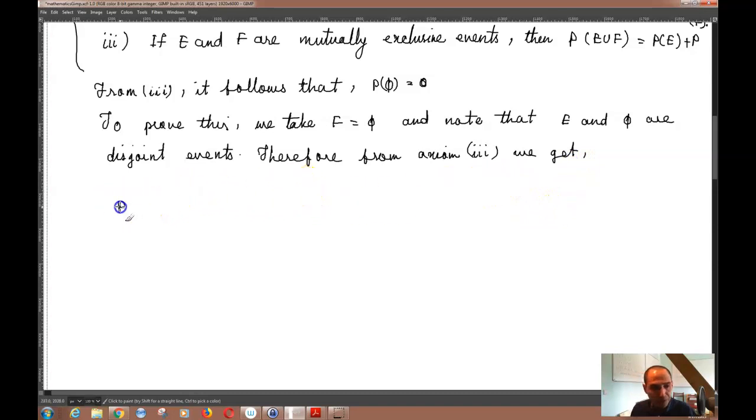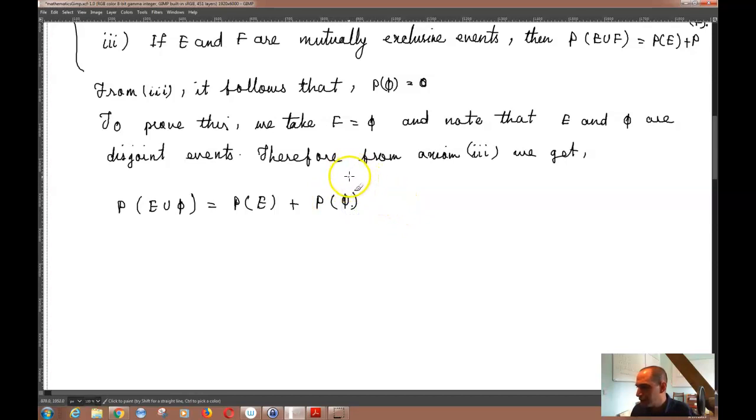P of E union phi is equal to P of E plus P of phi, right?